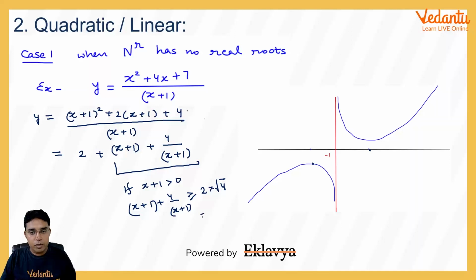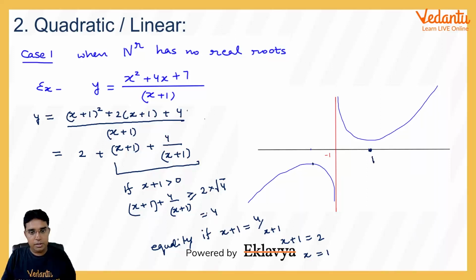And that will give you 4 here. And this equality will happen if these numbers, that is x plus 1 and 4 upon x plus 1, are equal. And x plus 1 is positive, so here we will get x plus 1 equal to 2. So at x equal to 1, we are going to get this minima.